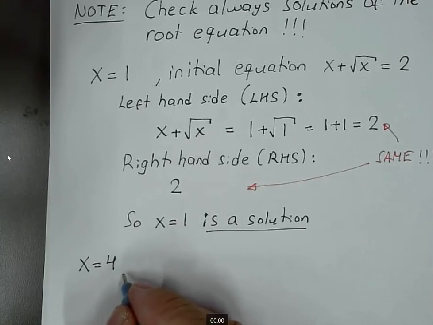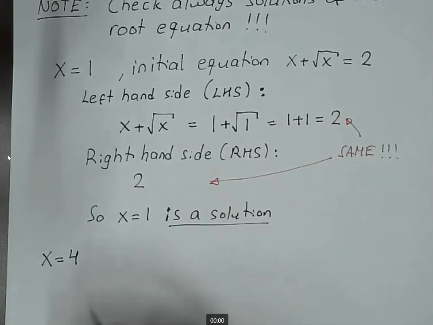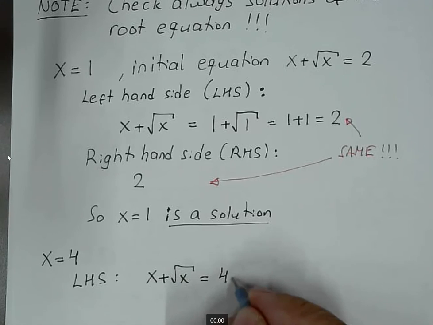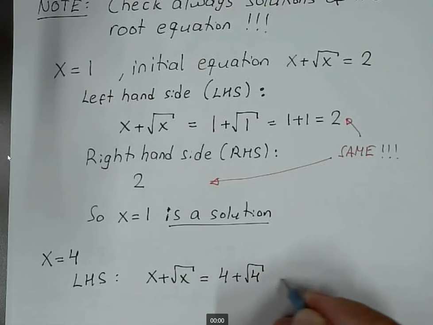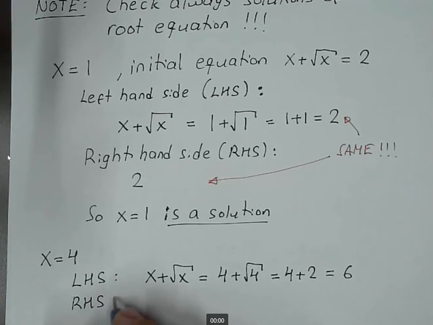And now the same initial equation there. On the left hand side, we have x plus square root of x. So we have 4 plus square root of 4. This is same as 4 plus 2 equals 6. And this right hand side was 2.